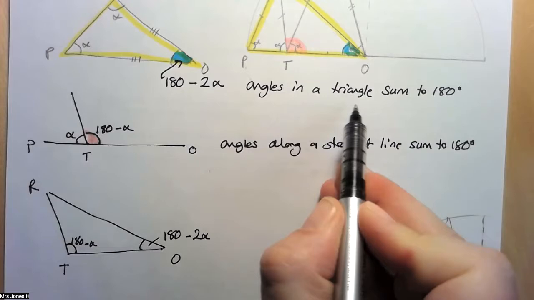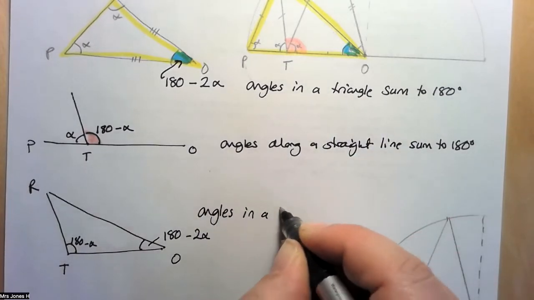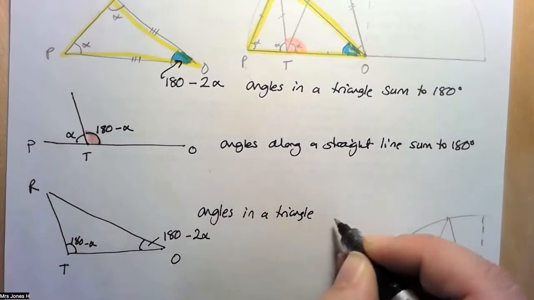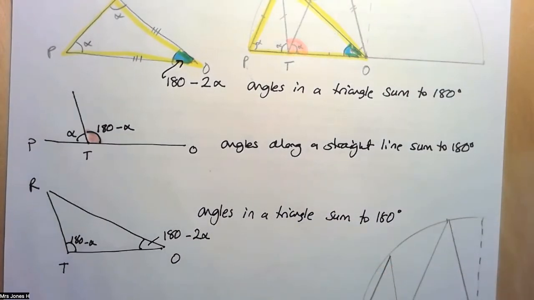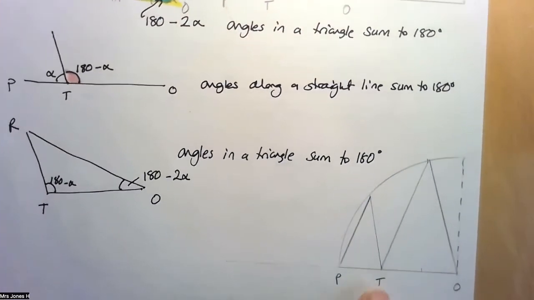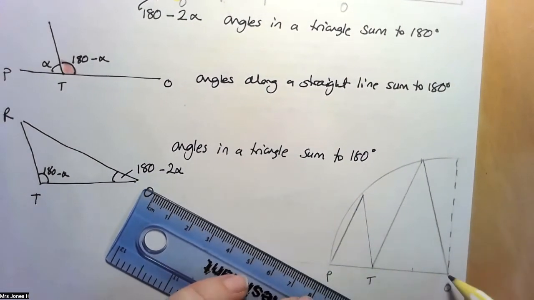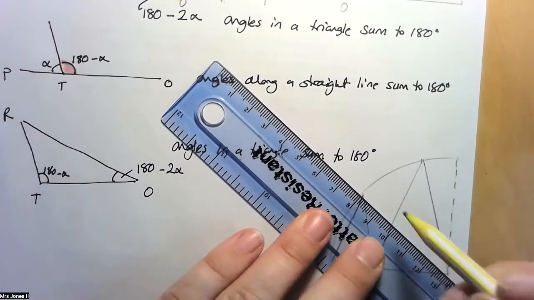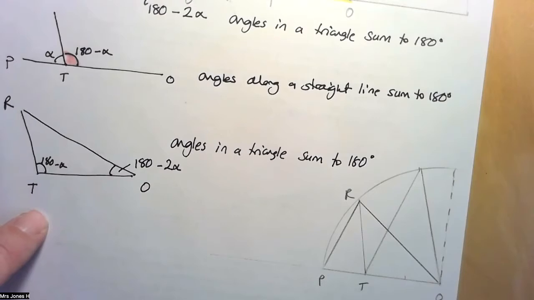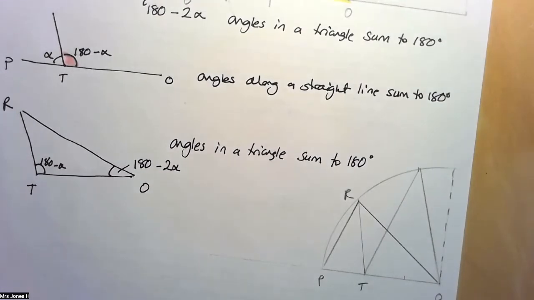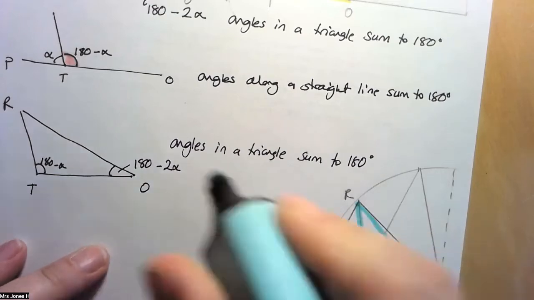So if we look at angles in a triangle again, I've drawn this out here because I think it's useful to be able to see this triangle again. So we've connected R to O, and this triangle here is this in here.